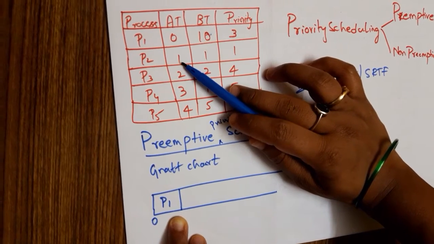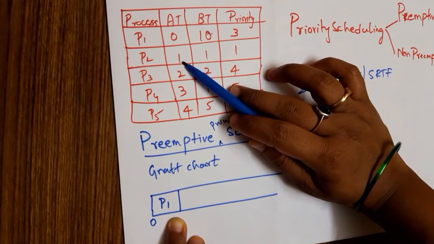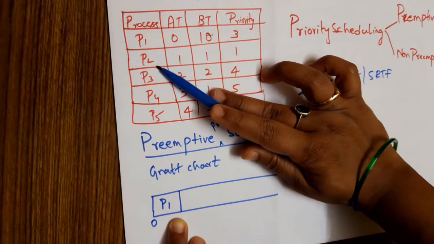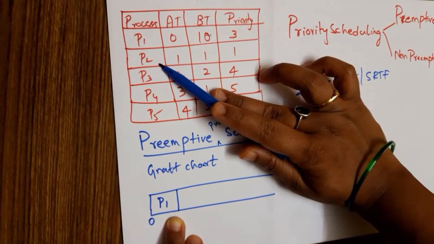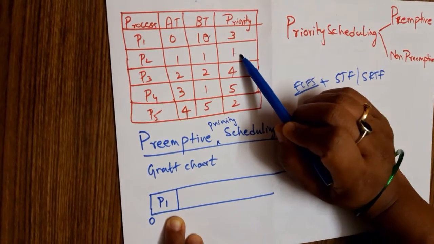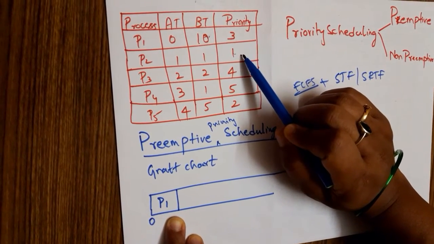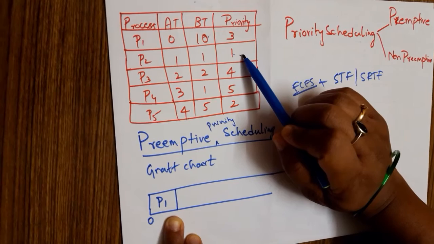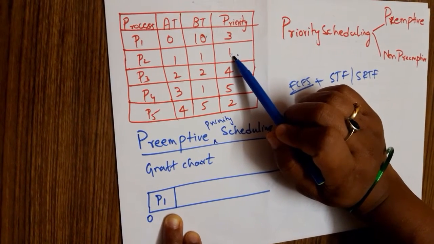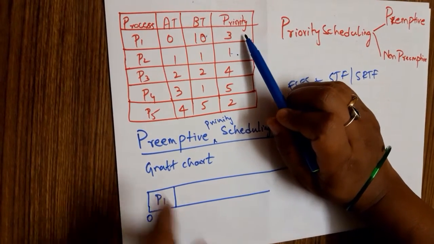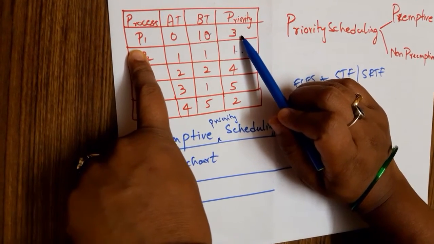But when the time is 1, process P2 is coming into the queue. Now I need to compare its priority. What is the priority given for process P2?